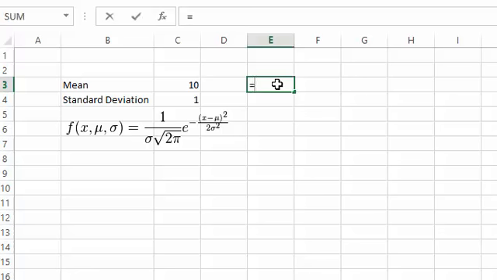So according to this, we have 1 over sigma, sigma means standard deviation, so it's 1 over the value of the standard deviation. Let's make sure that that doesn't move, and for us to do that you need to put a dollar sign in front of the letter and in front of the number also, and then multiply it to the square root of 2 times pi.